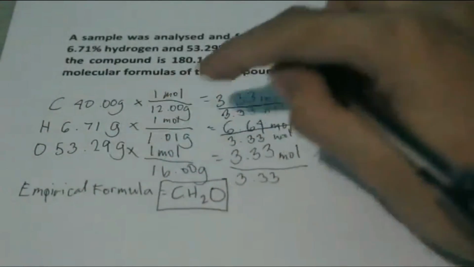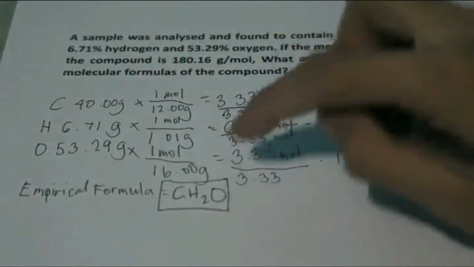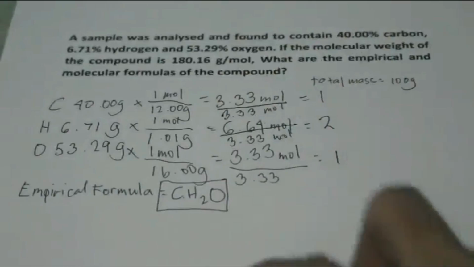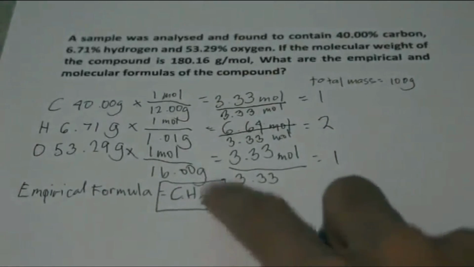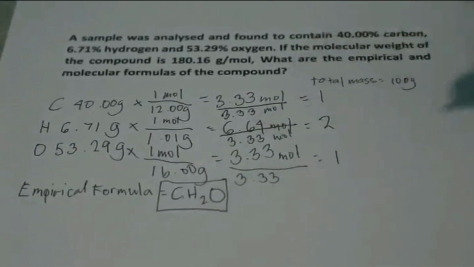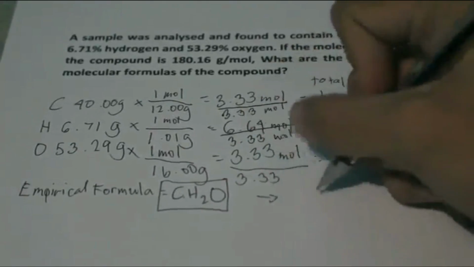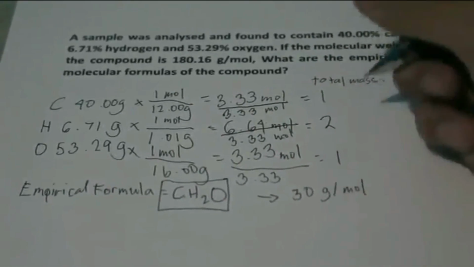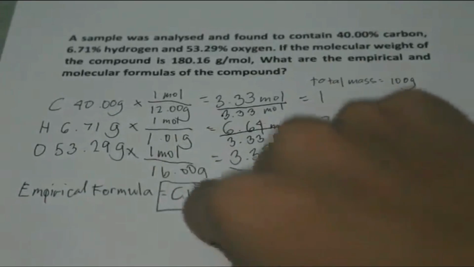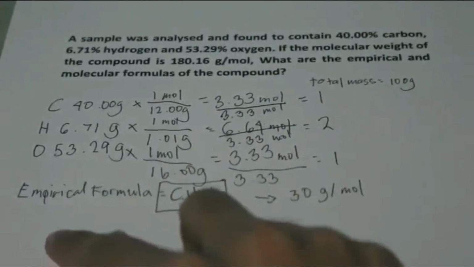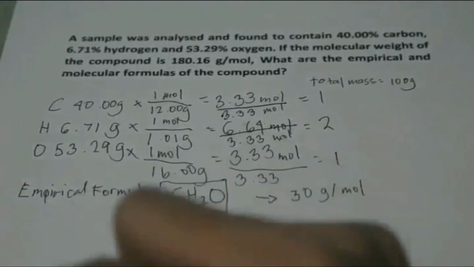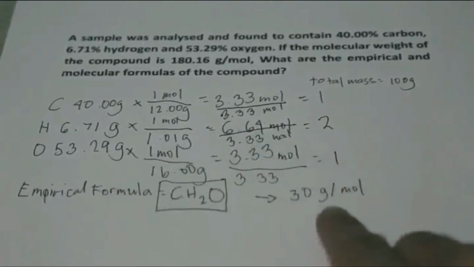Now we're going to find the molecular formula of this compound. First, we're going to find the empirical weight of this compound. The empirical weight is 30 grams per mole. And we're going to divide 180.16 grams per mole by 30 grams per mole.